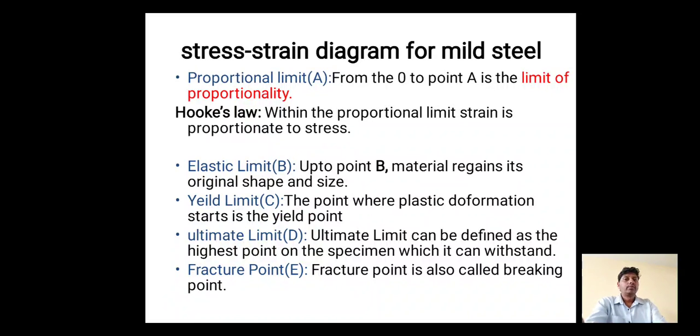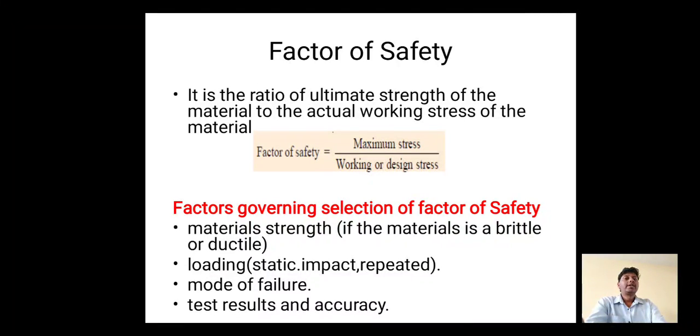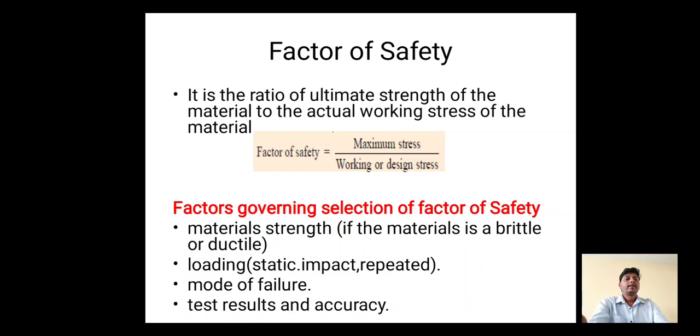Now we'll discuss what is factor of safety. Factor of safety is maximum stress, maximum meaning ultimate stress, divided by working stress. If you divide those two, you will get the factor of safety.